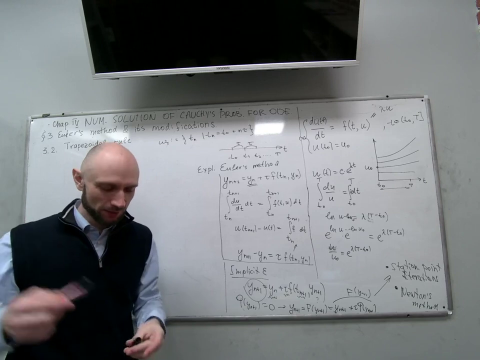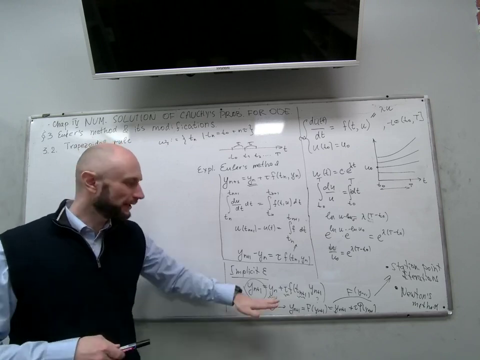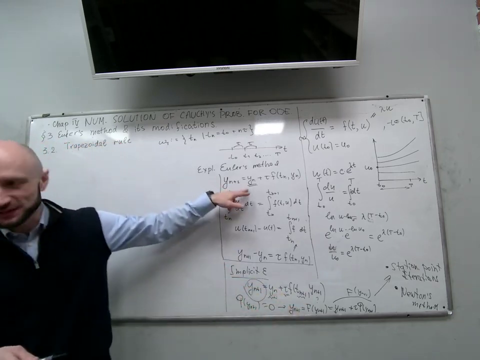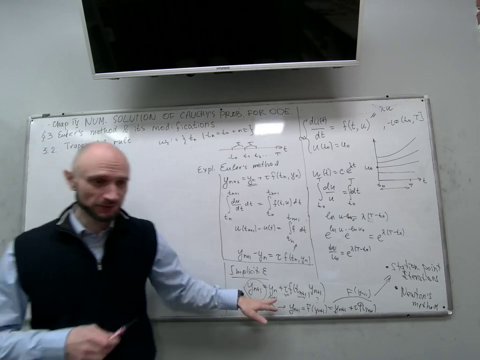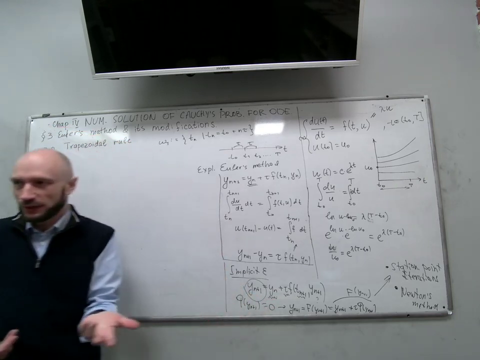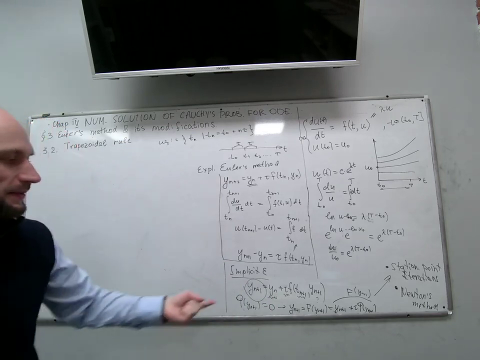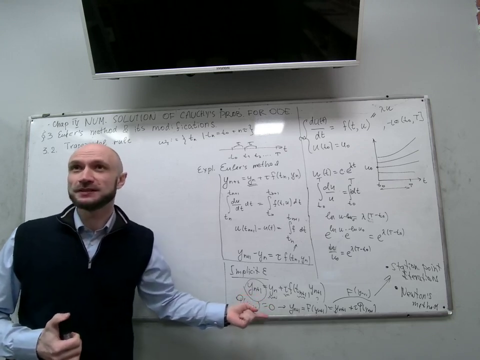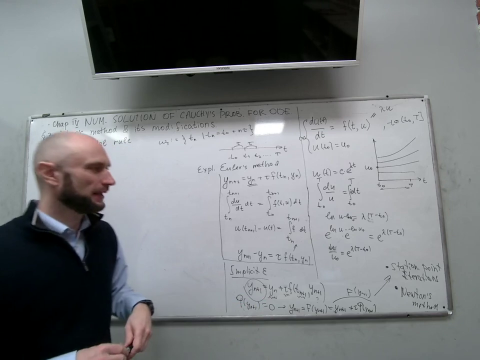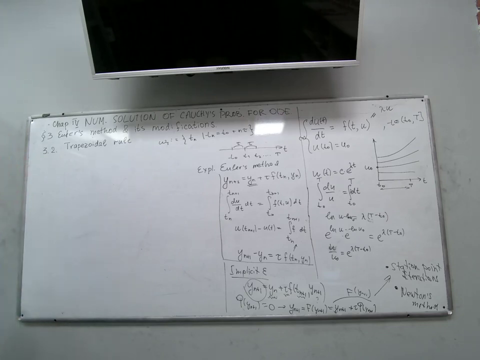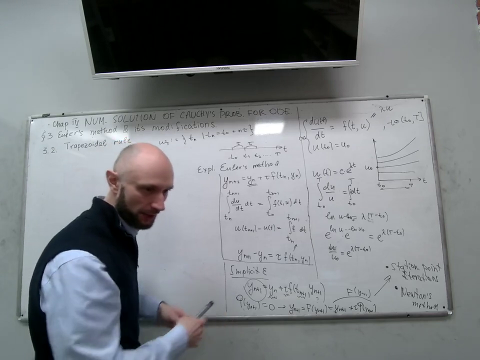And last time with Alexandra we discussed why people sometimes bother applying this approach instead of this approach for some problems, if it takes so much effort to get yn plus 1. This approach is better for some special kind of problems which are called stiff problems. Ideally we will talk about stiff problems a little later. So this method still has its own applications.